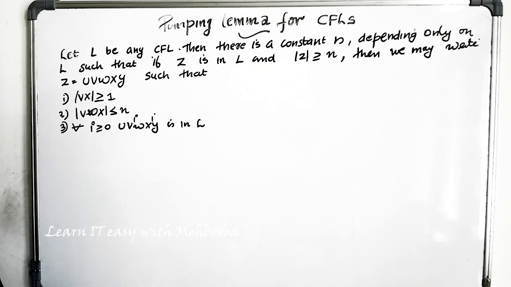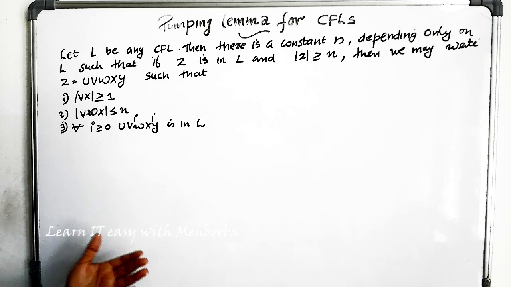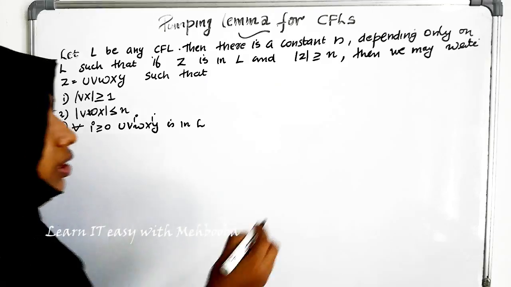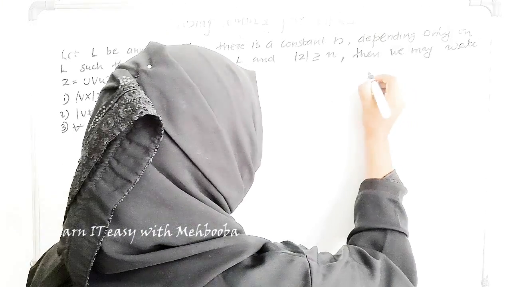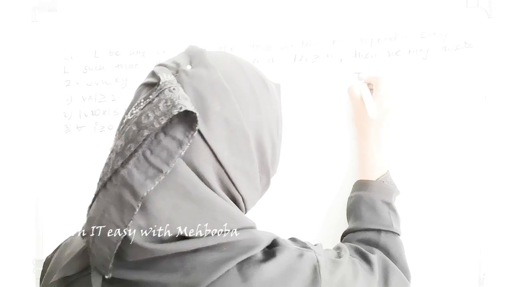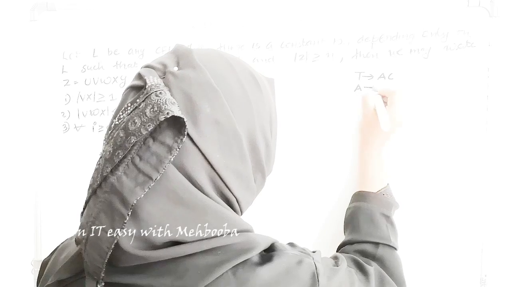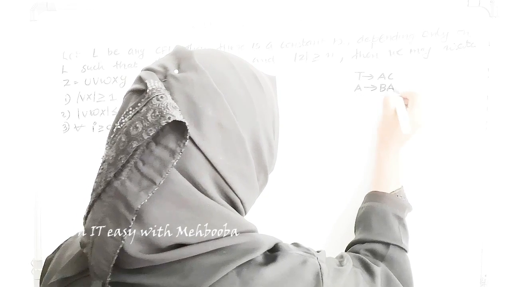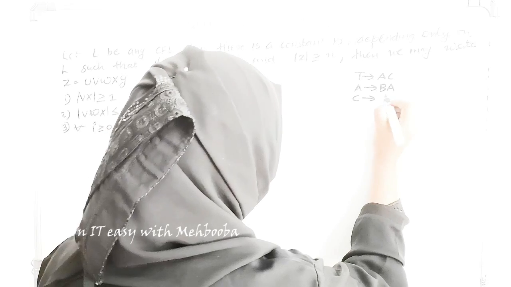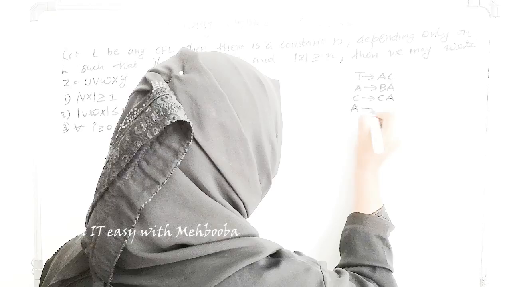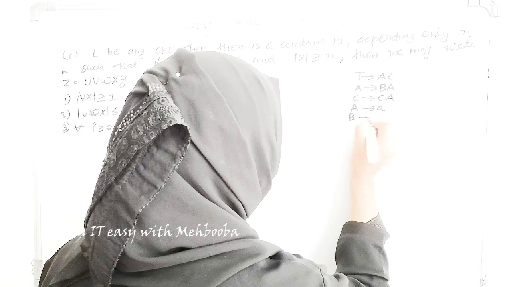For proving this, we will be using the help of parse trees, because you know that while we were using CFLs, we were generating the parse trees, isn't it? For example, for a grammar like T gives AC, A gives BA, C gives CA, and A gives small a and B gives small b.